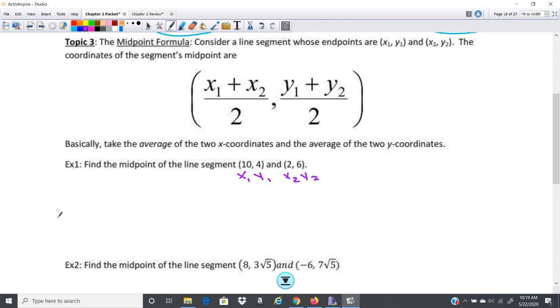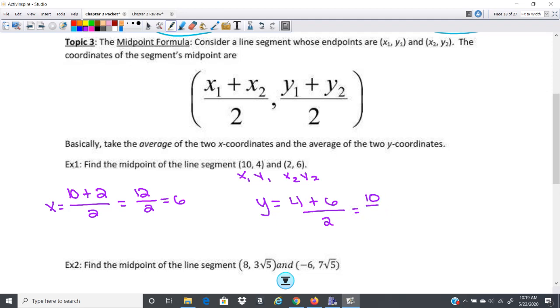If I do x1, which is 10, plus x2, which is 2, and divide by 2, that's going to give me 12 over 2, which will give us 6. That's going to be our x value. So this is going to give you an ordered pair when you do it. And then our y value will have y1 is 4, y2 is 6, so 4 plus 6 over 2. That's going to give you 10 over 2, 5. So then you're going to have an x and a y, and that is going to be an ordered pair: 6, 5.